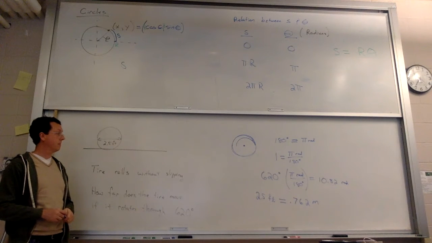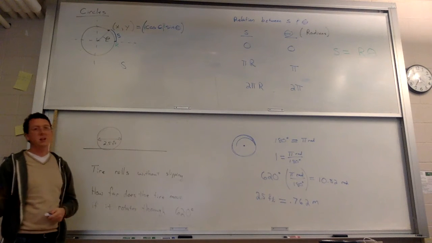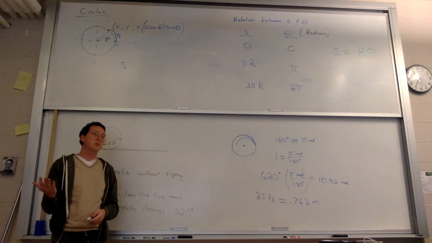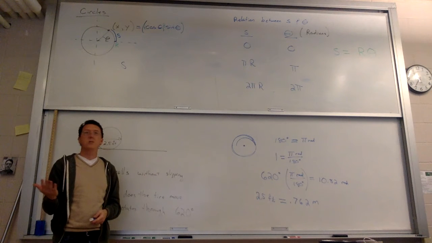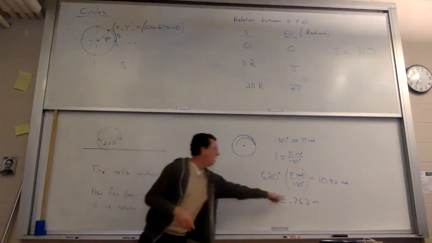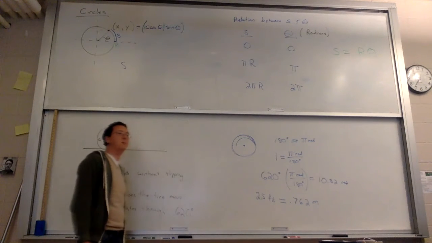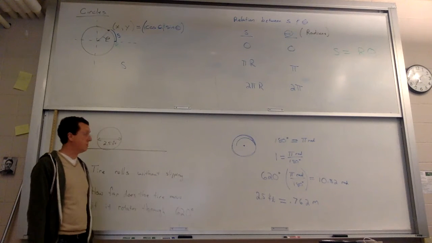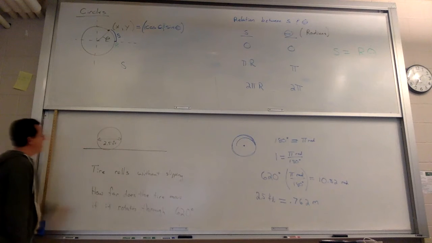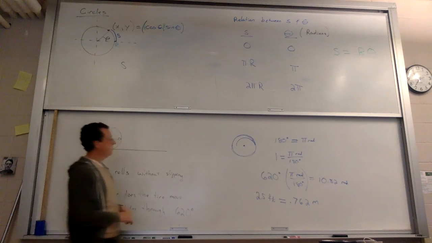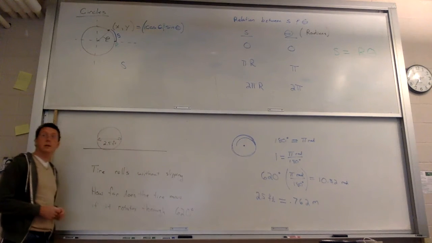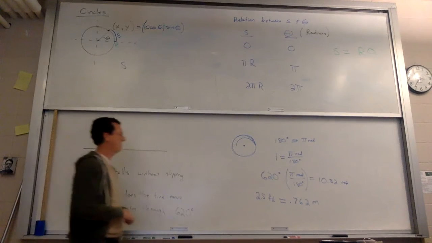Because 3 feet is a yard, and a yard's close to a meter, if it's 3 feet you'd get approximately 1. This is less than that, so I expect something less than that, but bigger than that. So that seems reasonable. Now, that's the diameter. What would the radius be? 0.38. Yeah, cut that in half.